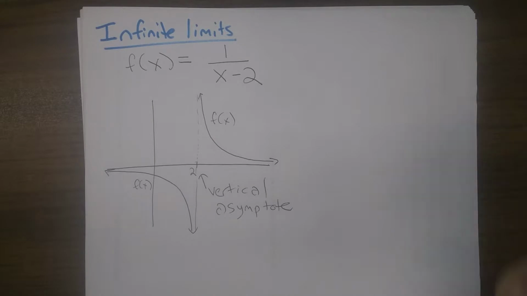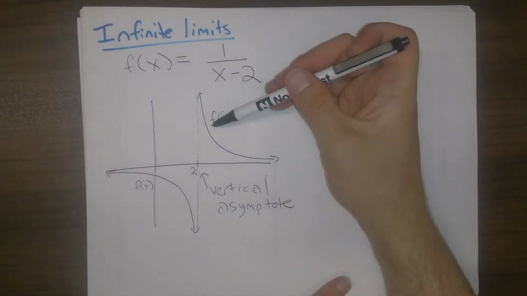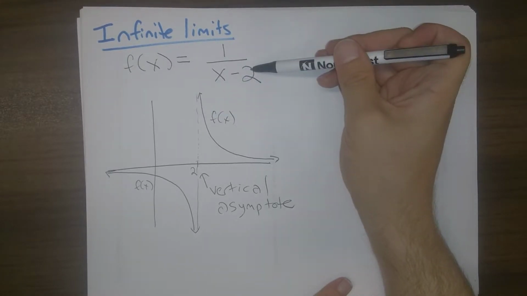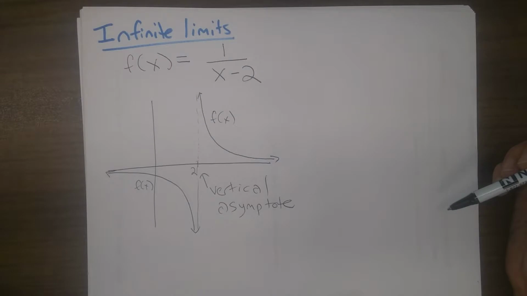So why does this exist? Well, as x gets close to 2 from the right, x minus 2 is a very small positive number.